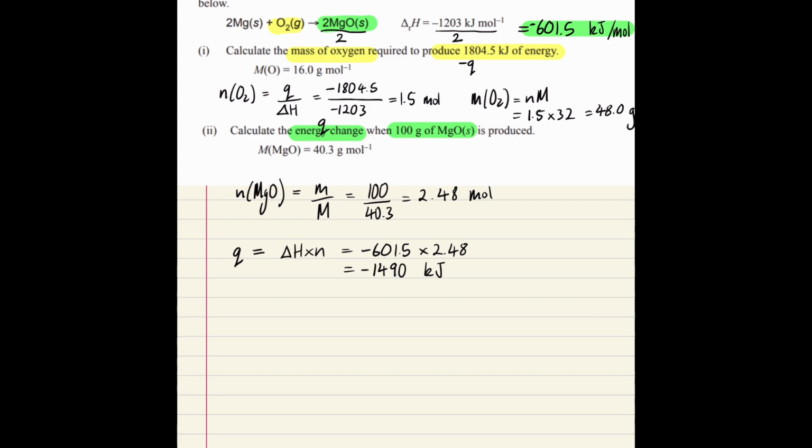Now this means that 1490 kilojoules of energy was released. Okay, so you either just leave it as negative 1490, or you can write a sentence.